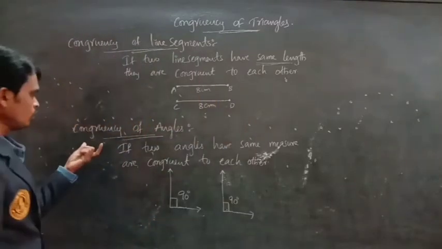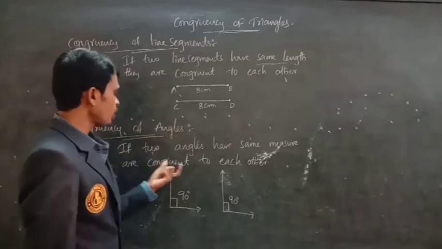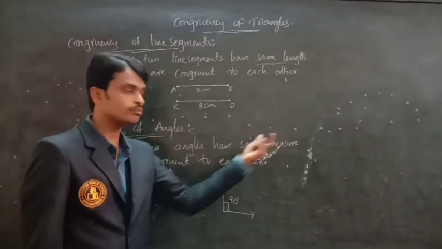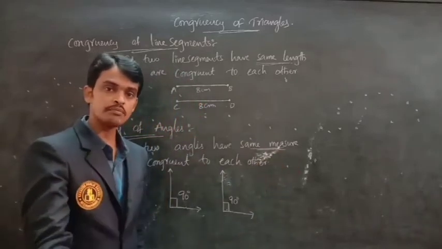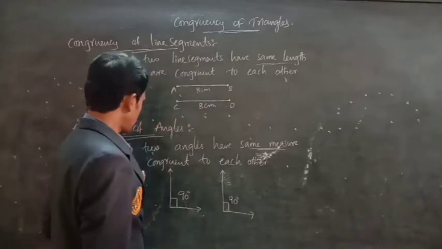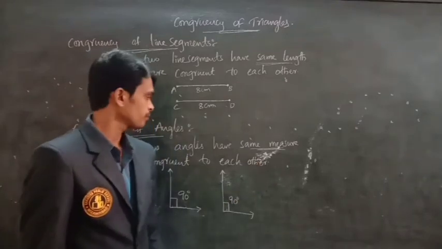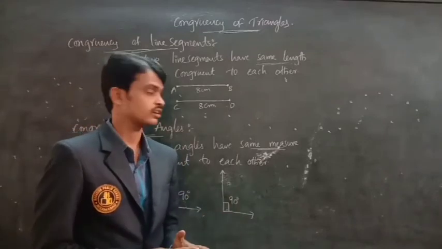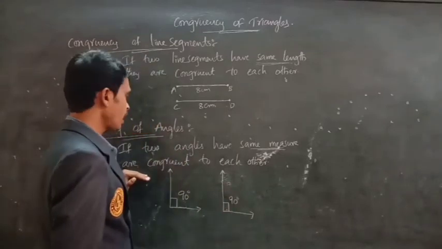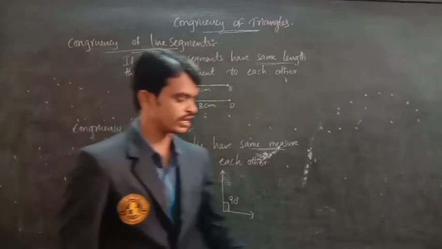Next, congruency of angles. If two angles have the same measure, they are congruent to each other. Look here.